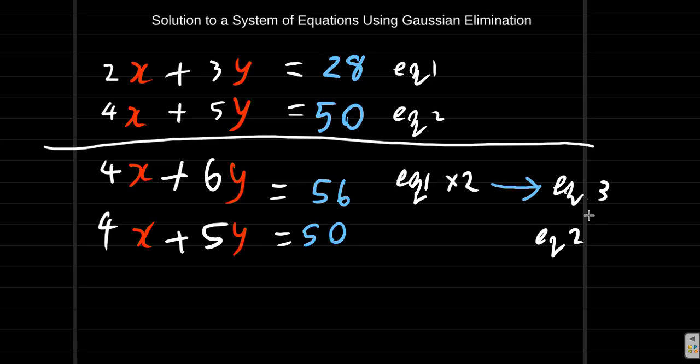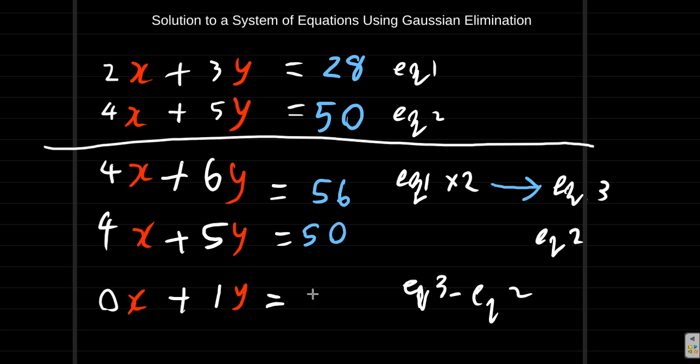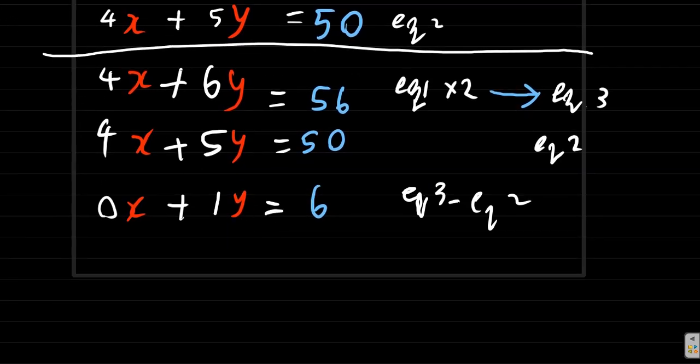But let us say this is what we have. Then we say equation 3 minus equation 2. 4x minus 4x, you have 0x. You eliminated x. Plus 6y minus 5y is 1y, which you could have just called y, equals 56 minus 50 equals 6. So here you can just say that y is equal to 6.